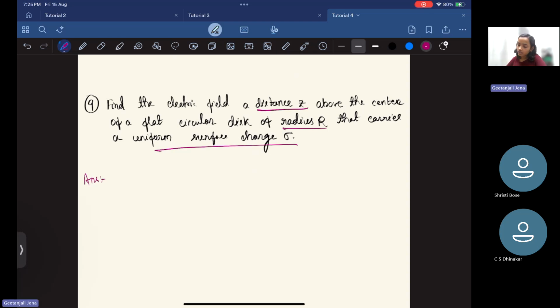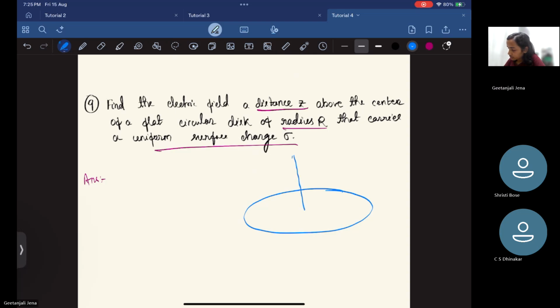So for this, the radius r is also a variable. So instead of only a phi integration, we also have an r integration here. The process is similar. This is the point z where we need to find the field.